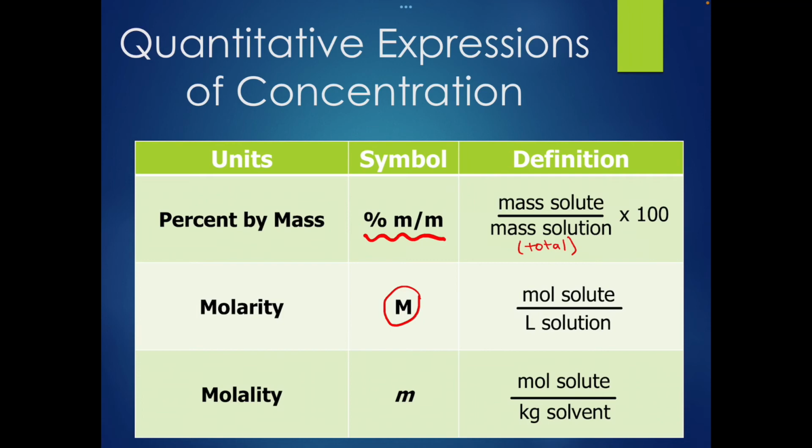Also be good at mass percent, but molarity is the one that we use the most in chemistry because it allows us to do some cool conversions in train tracks, which we'll learn in a later chapter. So make sure you're really solid on molarity. Molarity is defined as the moles of the solute divided by the liters of solution. And we'll see some examples of that in just a little bit.